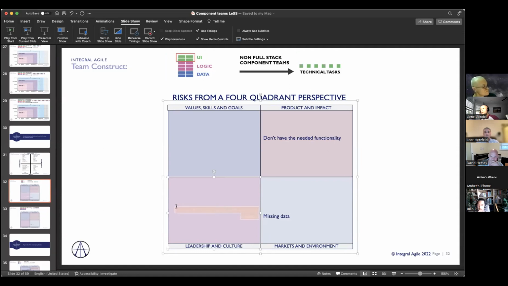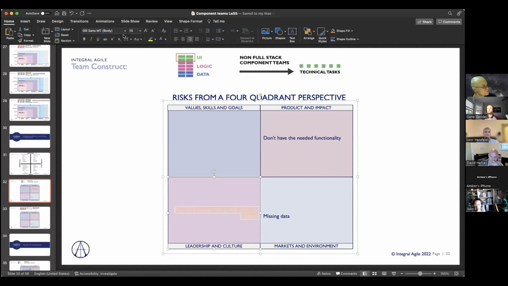Customer needs change by the time you have something deliverable to them.